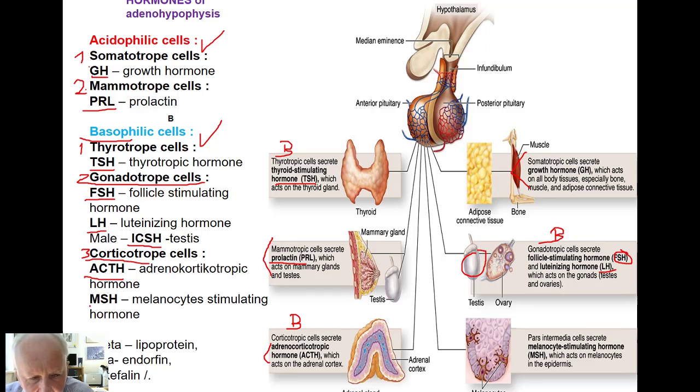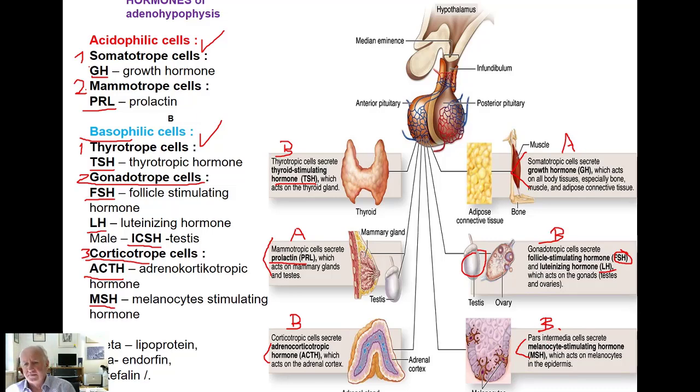And the second, MSH, melanocyte stimulating hormone, also basophilic. This is acidophilic, I should make here A, and here I should make A for you. And these two types are clear, and 4 types of basophilic, yes, that's true.